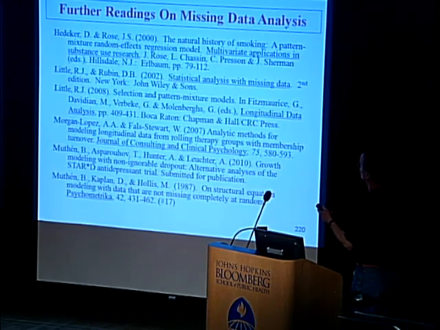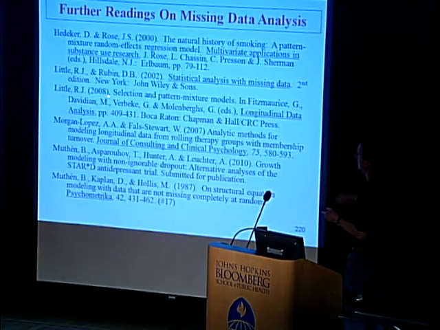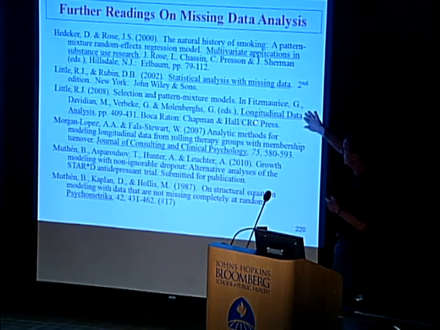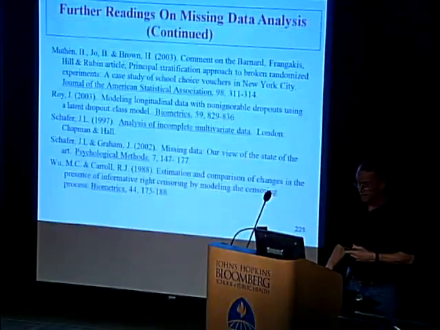A good paper on pattern mixture modeling by Don Hedeker and Jennifer Rose, Natural History of Smoking. The classical book by Little and Rubin. Little's most recent overview of selection and pattern mixture model in that same longitudinal data book. And let's see, what else do we have here?